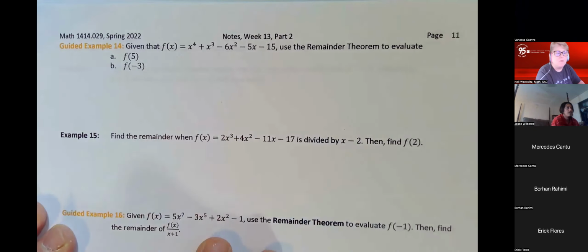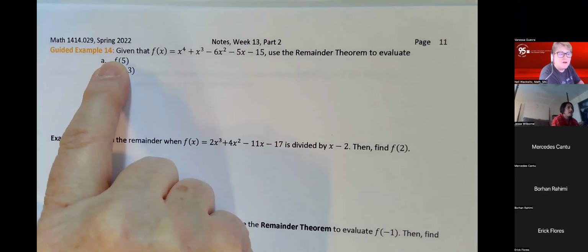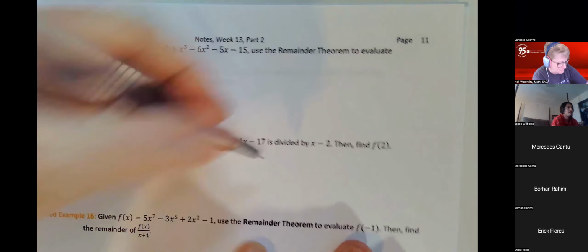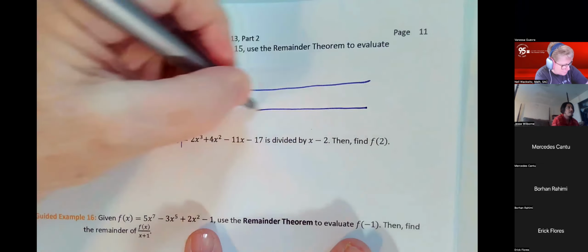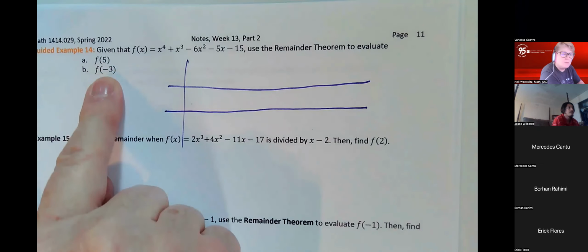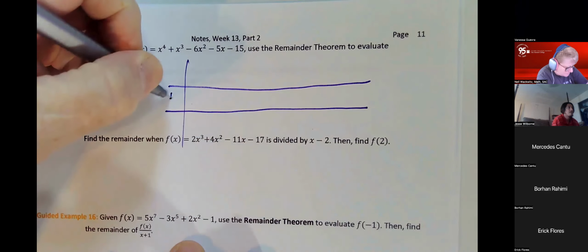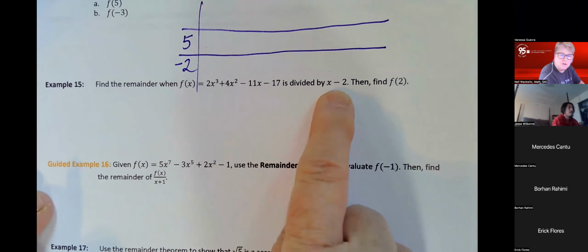Well, let's just do more. Here's a longer polynomial. We want to find f of 5 and f of -3. That's kind of wonky. When the numbers are plugged in, you use that exact same number. When the number looks like a factor, you change the sign.